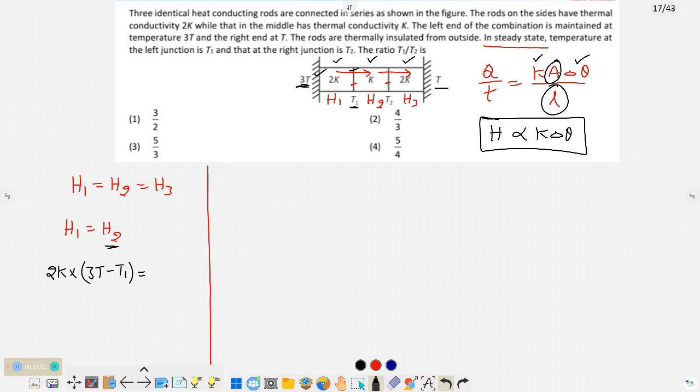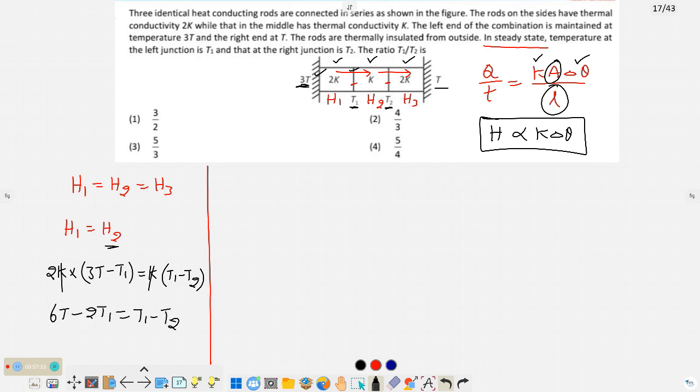H2 is the second conductor. One temperature is T1, the second temperature is T2. So I can write the conductivity K into T1 minus T2. Remaining all are cancelled because all are similar dimensions. So here K gets cancelled, and after that the relation is 60 minus 2T1 is equal to T1 minus T2.